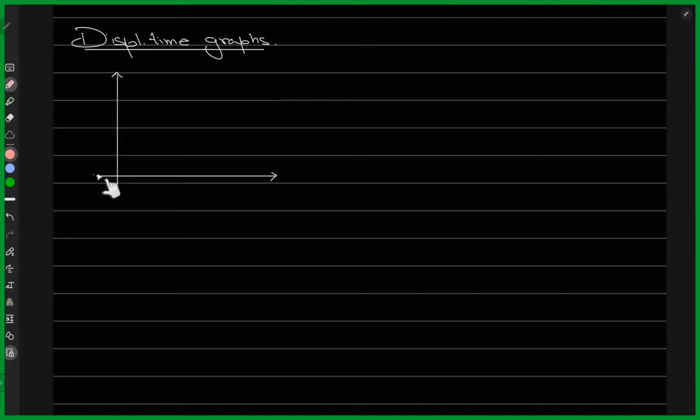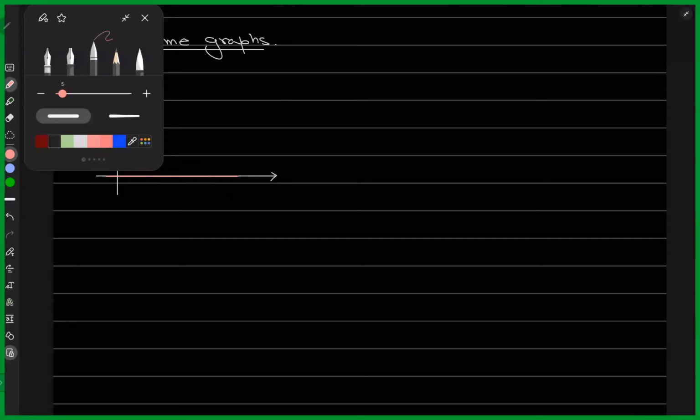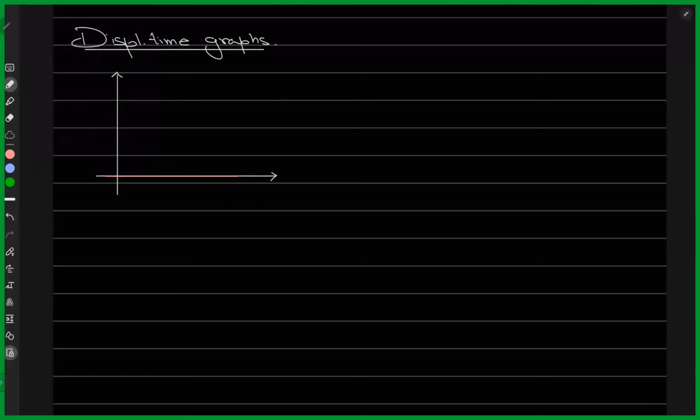Let's draw it on this line. You see this pink line. This is what we're talking about, and at this point it is 0. This is time, and this is displacement.